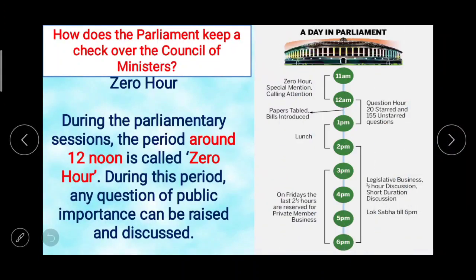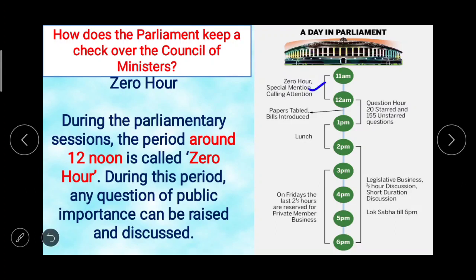During the parliamentary sessions, the period around 12 noon is called 0 hour, and during this period any question of public importance can be raised and discussed. Here you can see a day in parliament, 11 am to 12 pm, 0 hour, special mention, calling attention.